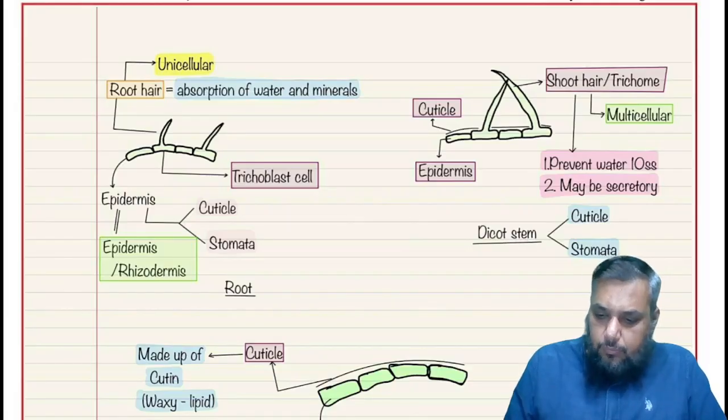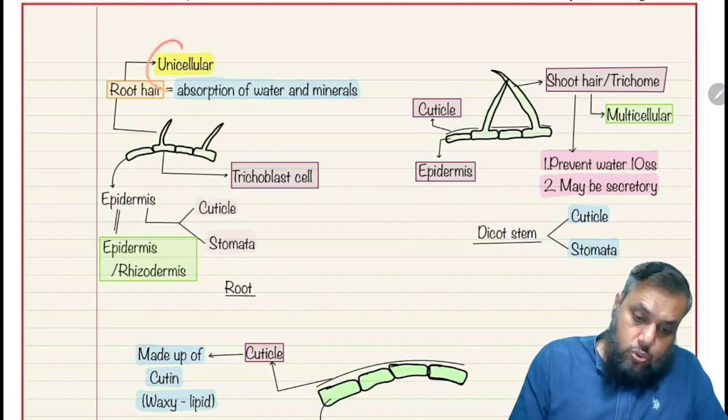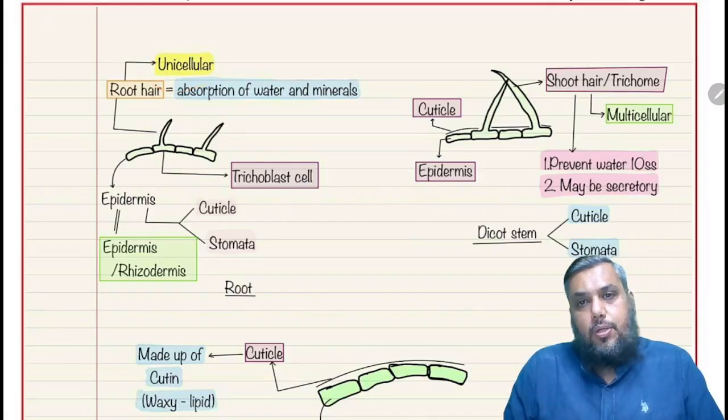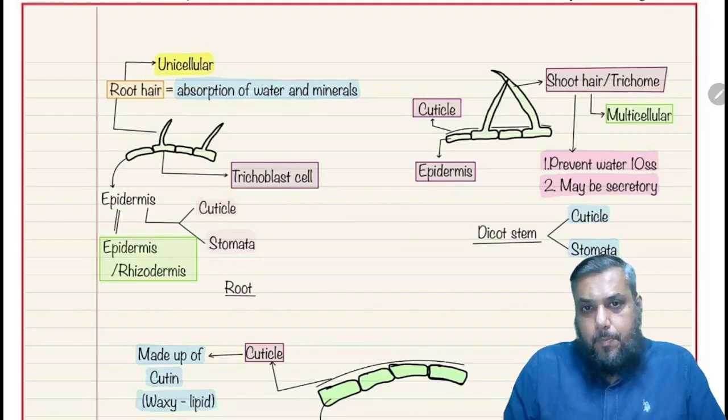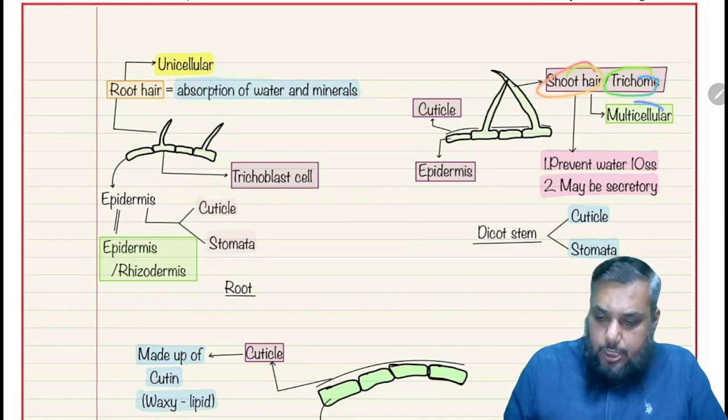Whereas you will remember this, that it is always unicellular. Whereas the shoot shows the presence of shoot hairs, which are called trichomes, which are mostly multicellular.